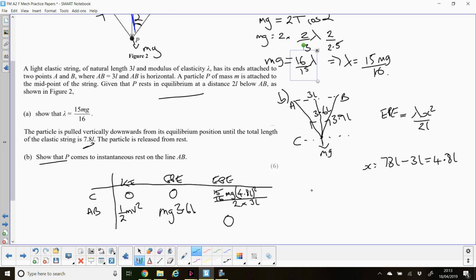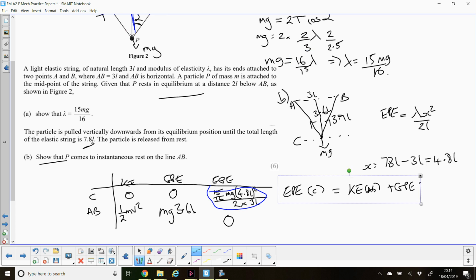Therefore, using the work energy principle, at point C, we've got our elastic potential energy here. So elastic potential energy at C has got to be equal to the kinetic energy at AB plus the gravitational potential energy at AB. There are no other forces doing any work here. So you can write all this in and do some simplifying.